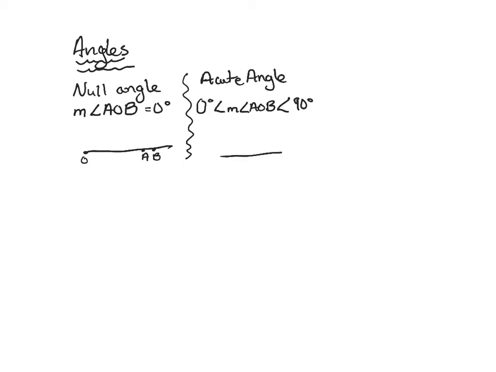So if I have A here and O is the vertex, B is up here. So there has been movement from the null angle, which would be flat, to where the B is, and it is less than 90 degrees.